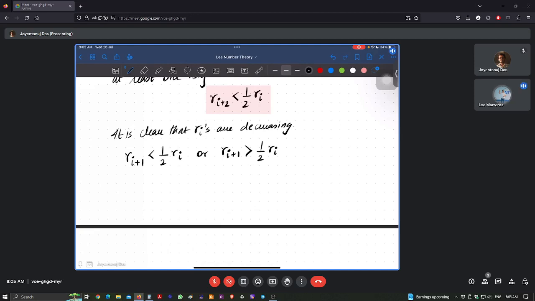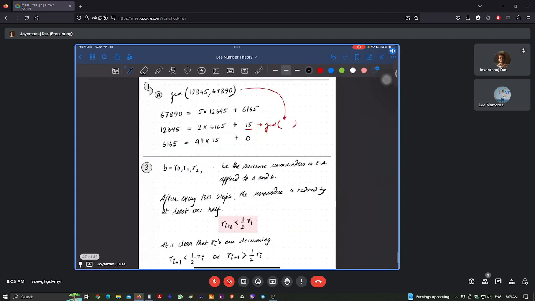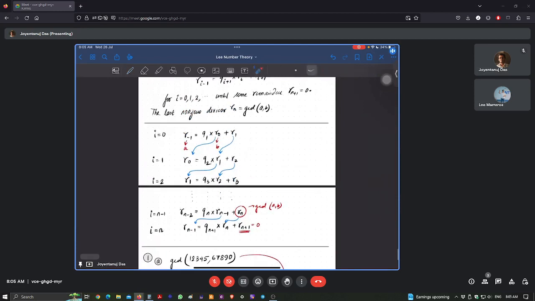But how do you know it is already half of that? No, what I'm saying is that the sequence of Ri's is decreasing, I know that.